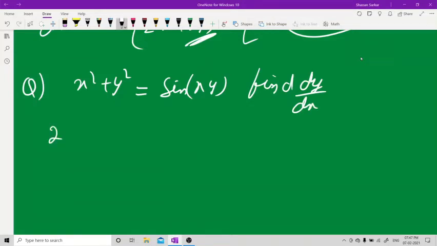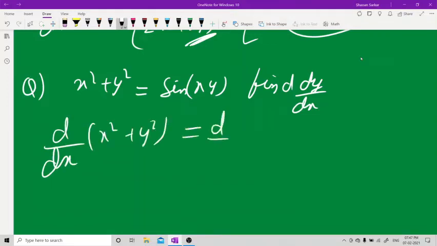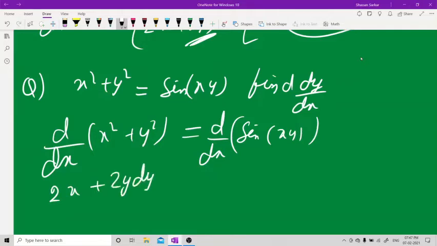Earlier I showed you the step. At least once write it like this. एक बार ऐसे लिख लो. d/dx of x square plus y square is equal to d/dx of sine xy. Now start. 2x, 2y, dy by dx.